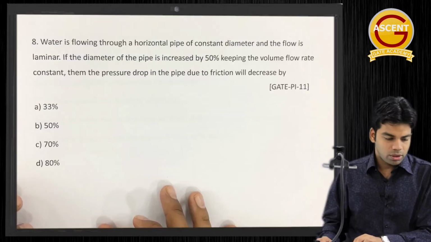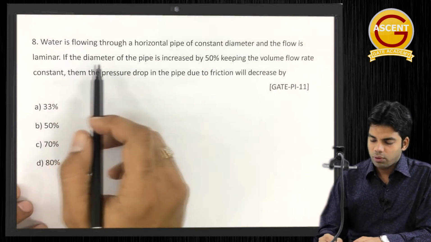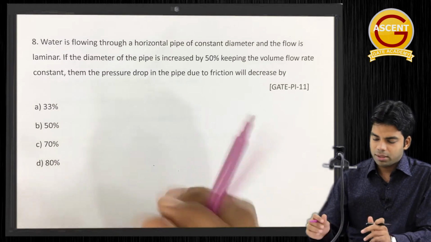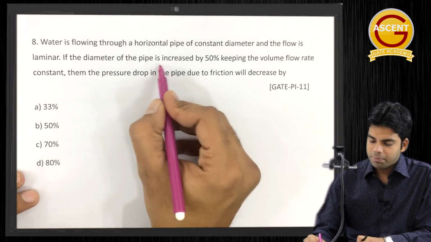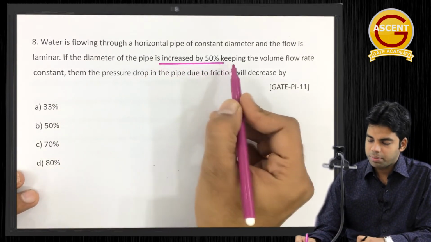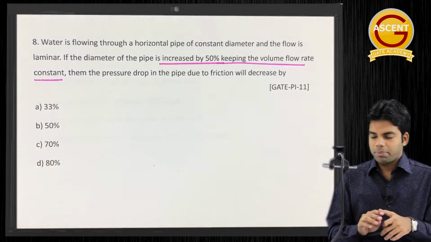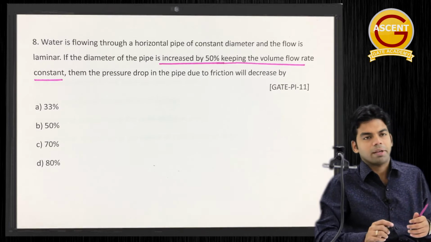Clear or not? Okay, next question says water is flowing through a horizontal pipe of constant diameter and the flow is laminar. If the diameter of the pipe is increased by 50%, keeping the volume flow rate constant, then the pressure drop in the pipe due to friction will decrease by.